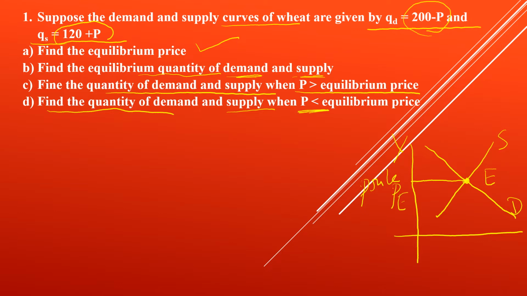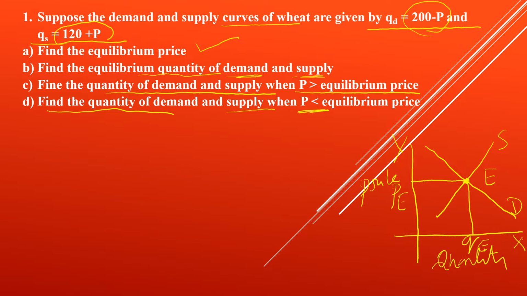By extending from this equilibrium point towards the x-axis where quantity is measured, you can find the equilibrium quantity, which is the quantity bought and sold in the market. That means demand and supply is equal. So equilibrium quantity is nothing but the quantity bought and sold, or quantity demanded and supplied.